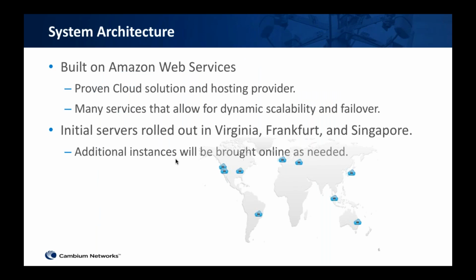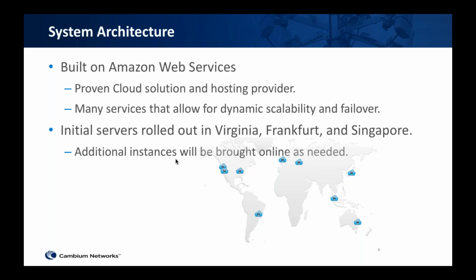So right now, the cloud infrastructure is built on Amazon Web Services, which is proven to be the best cloud solution and hosting provider known at this stage. It provides very high availability figures, which is probably the best of any cloud provider at this point.